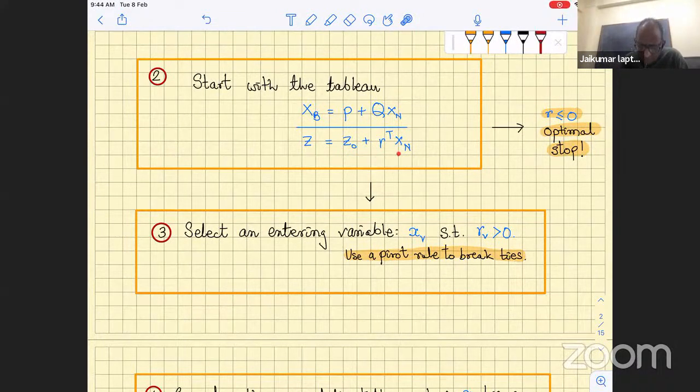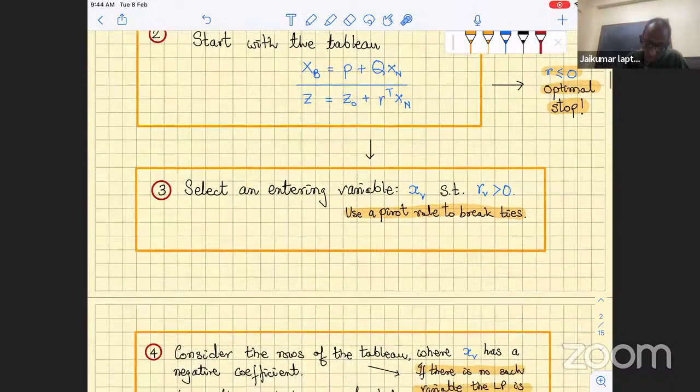Basically, there is one variable which has lost its status as an independent variable. But we have an equation here which has that variable on the left and other things on the right. We just take that equation and substitute here. We just plug it here and you get this. Or you might think of eliminating that variable by adding suitable multiples of that equation to the original objective function as written here. Whichever way you want to think about it.